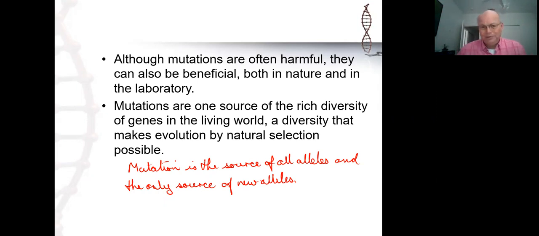Fortunately, most harmful mutations are eliminated by natural selection pretty quickly. And it is more common for harmful mutations than beneficial mutations. But when beneficial mutations occur, natural selection can take advantage of that.